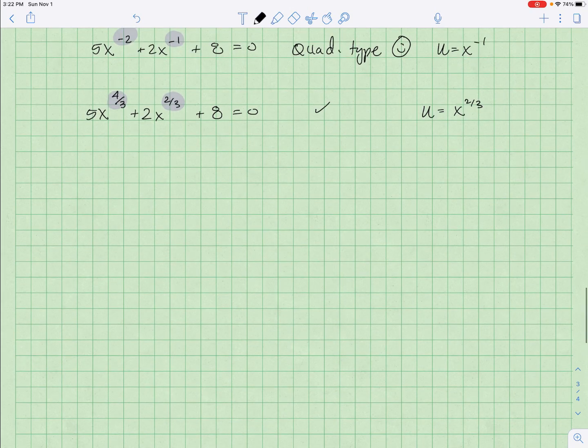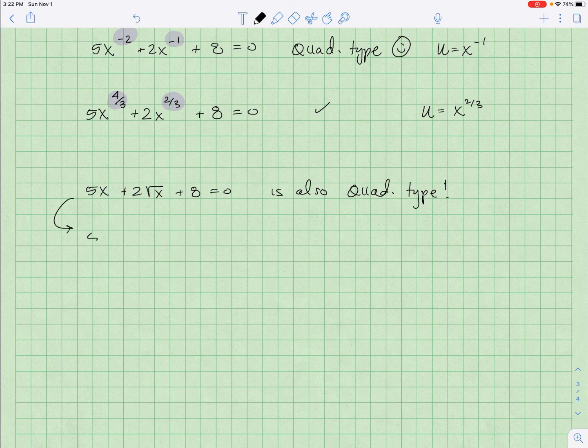And even some situations you might not think of, 5x plus 2 square root of x plus 8 equals 0 is also quadratic type. Why is that?